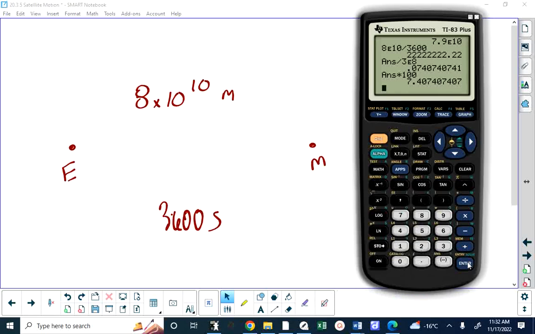It was 8 times 10 to the 10 divided by 3,600. This is the average speed in meters per second. And you want to reach that speed in half the time so that you can decelerate in the other half. Well, acceleration is change in velocity over change in time. If I take 0 to this, that's the change in the speed, divided by 1,800 seconds, I get this acceleration. Now, this is an average.